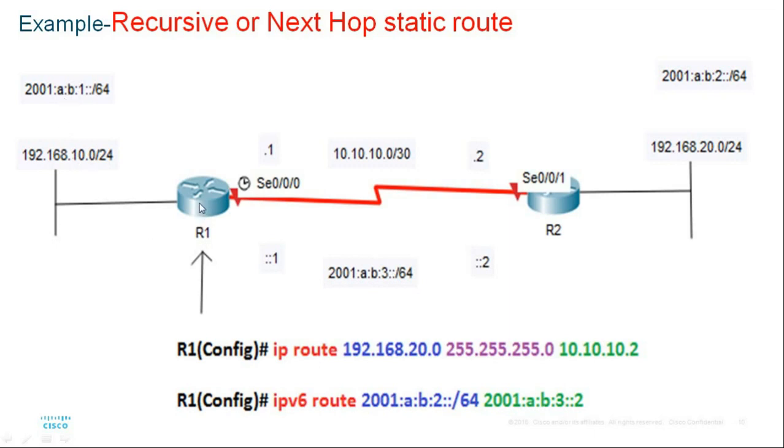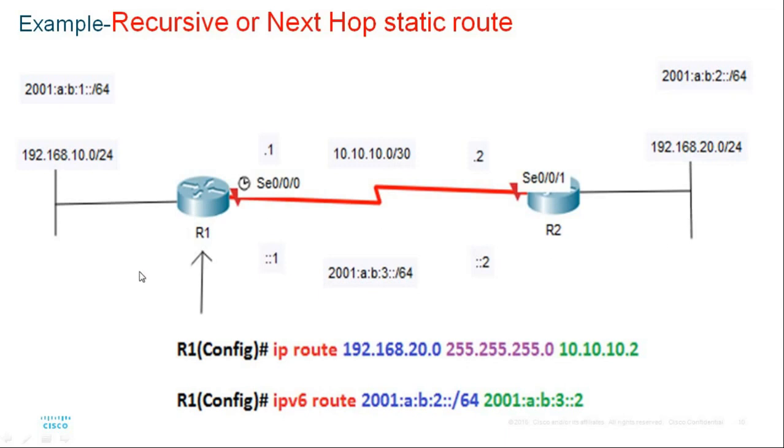The router R1 is connecting with the 192.168.10.0/24 network, as well as with the WAN link, the 10.10.10.0/30 network. And the router R2 is connecting with the 192.168.20.0/24 network.